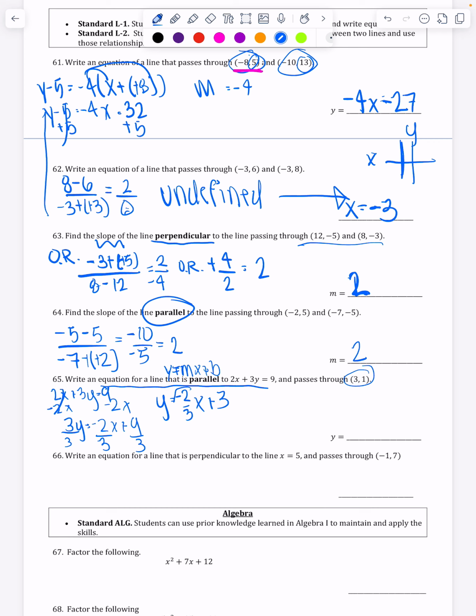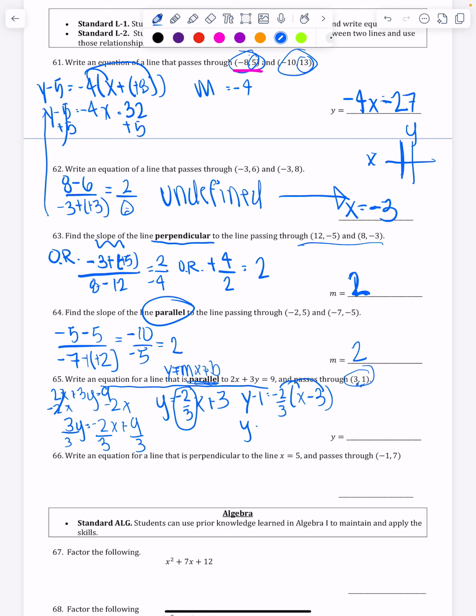Okay, so here is my slope, and I want it to be parallel, right? So the slope isn't going to change, but I'm going to use this point right here, and I'm going to put it in point slope. So I'm going to have y minus 1 equals negative 2/3 times x minus 3. All right, I'm going to distribute to both of these.